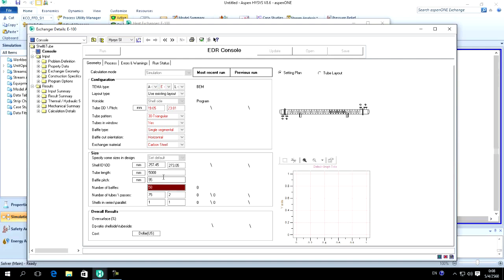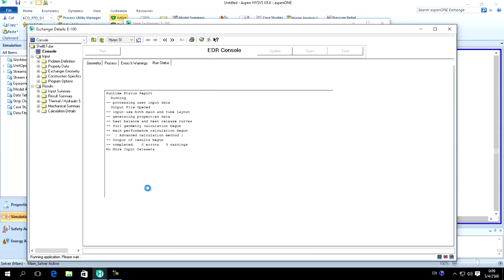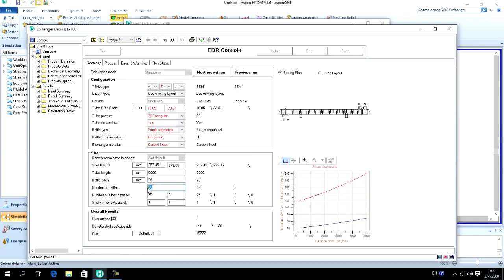From here, there's something happened to this baffle because there are too many, and with the larger baffle pitch, so I reduce that to 26, and then I change that to 60.